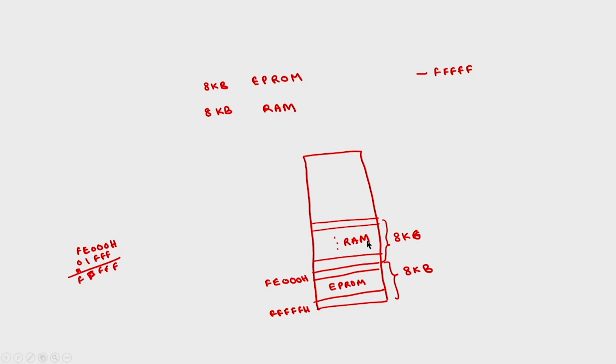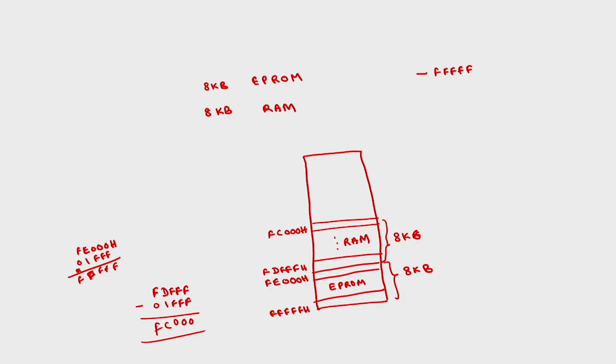So ending address will be 1 less than this, which is FDFFFH, and for the starting address you have to subtract 01FFFH. This will be FC000H. So these are the addresses of this RAM and EPROM.